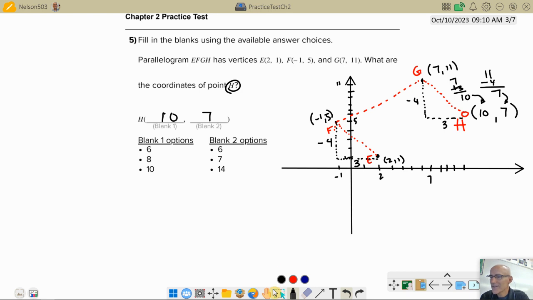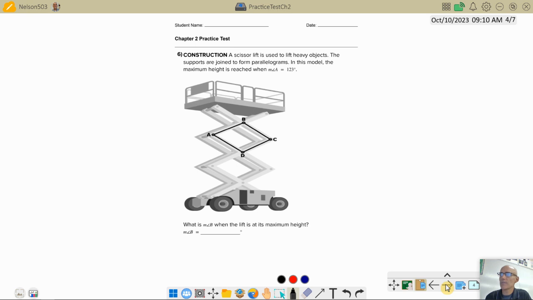Here we go. Next problem is number 6, and it says A is 123 degrees. I would not draw this whole figure down. I would draw this parallelogram down on my paper. And then what I'd do is I'd put 123 degrees right where A is.